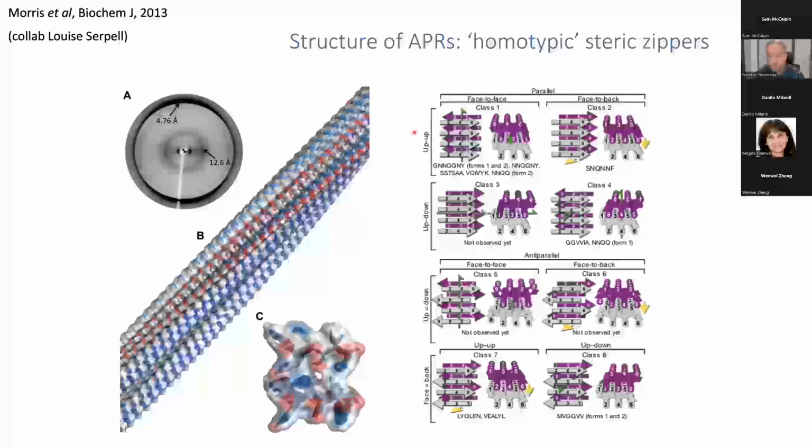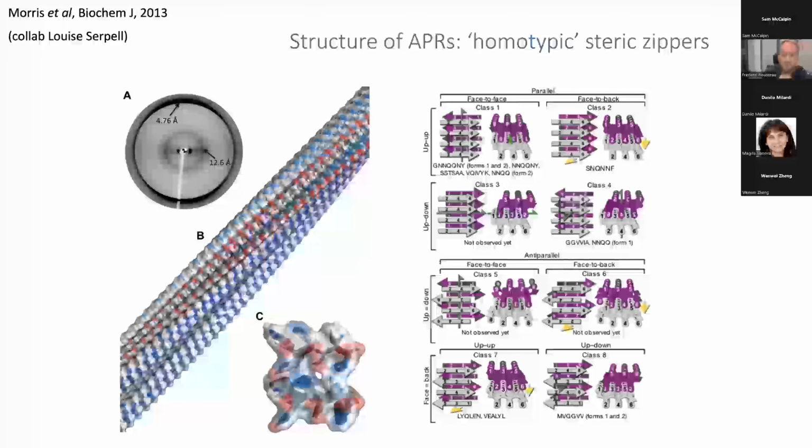And here, of course, you know, this famous picture of the David Eisenberg group. And we and others, Louis Serpel as well, solved a lot of the structures of these APRs. And again, this was this logic of these short segments that can then assemble in a cross-beta structure and that pack against each other using dry steric zippers, like they are called.